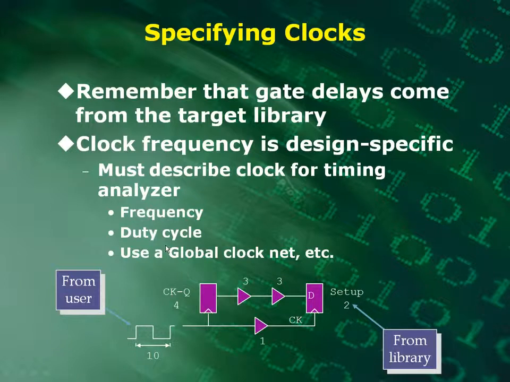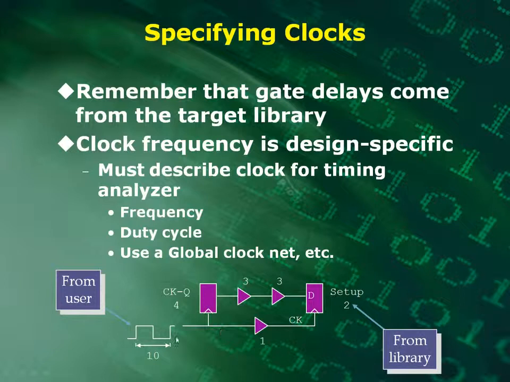So at some point you need to specify information in your tool about the clocks you're using. Here, we'll just say this clock is 10 nanoseconds. That's something the tool is going to need.